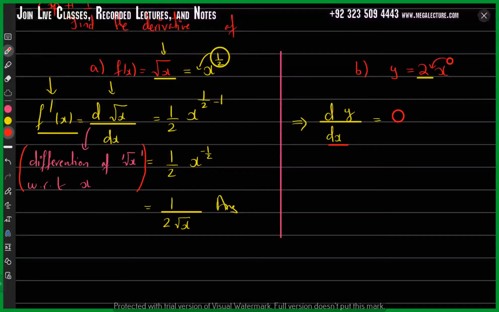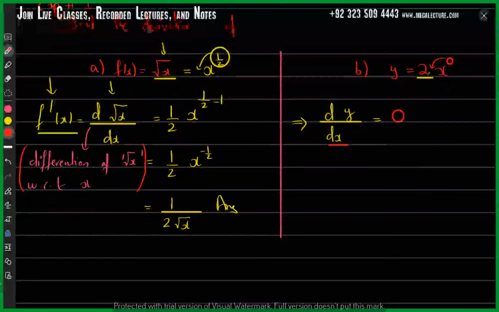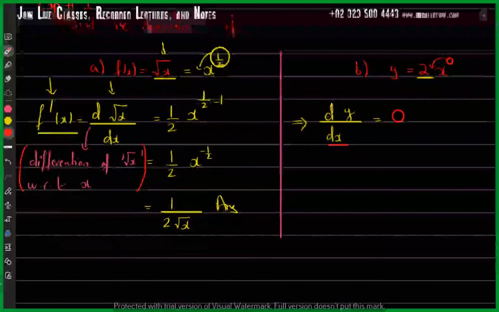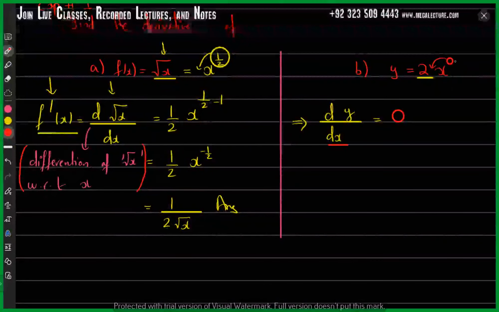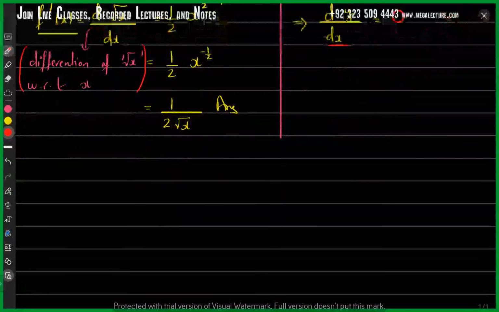The fact that I can multiply anything with 1 made me write down x power 0. But in the questions, once we are done with a few cases, I'll write down that whenever it is a constant, the derivative is 0. You're not supposed to do it this way. You can certainly do it this way in the exam, but no need to, because these are not going to be the questions. I'll tell you how the questions are going to be.